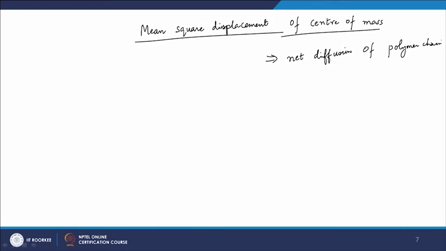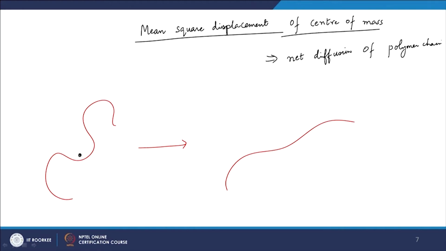So, let us say for example, if my polymer chain goes from here to there, I can characterize the overall diffusion by looking at the center of mass here and the center of mass here.